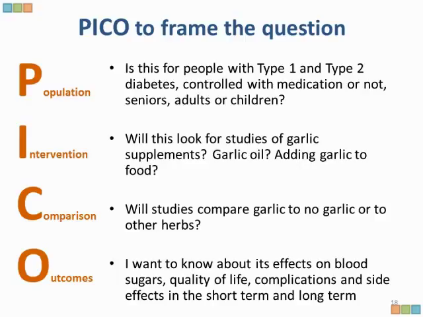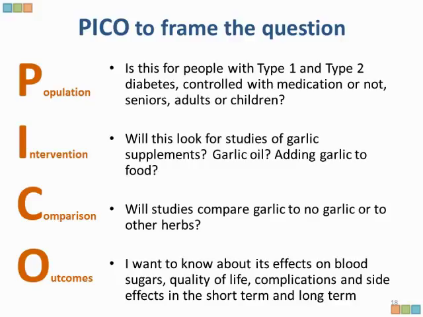Usually questions fall into the format of PICO: population, intervention, comparison, and outcomes. You can see the first set of questions is about the population that the systematic review will include, such as type of diabetes, type of people involved in the intervention, such as children, adults, or more senior adults.